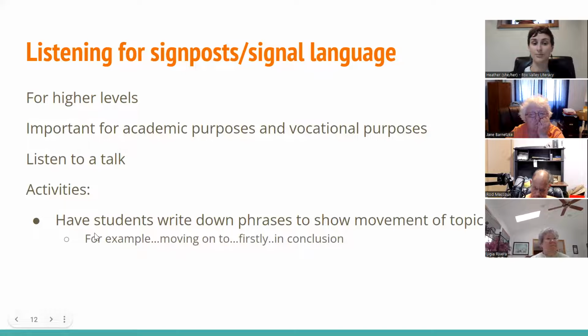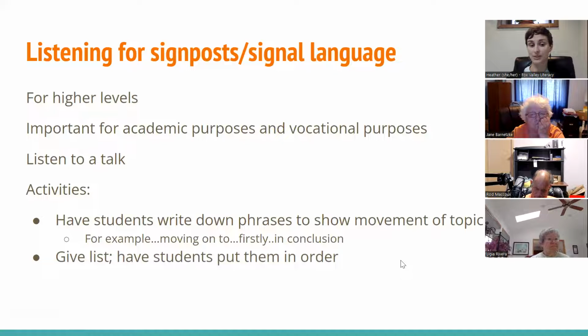Or you could give them a reading activity, not the same text that you'll use for the listening, but a similar kind of text, and then have them underline, for example, moving on, firstly, and conclusion. You probably need to teach what this means and why they're important, and then have them identify those words or phrases.